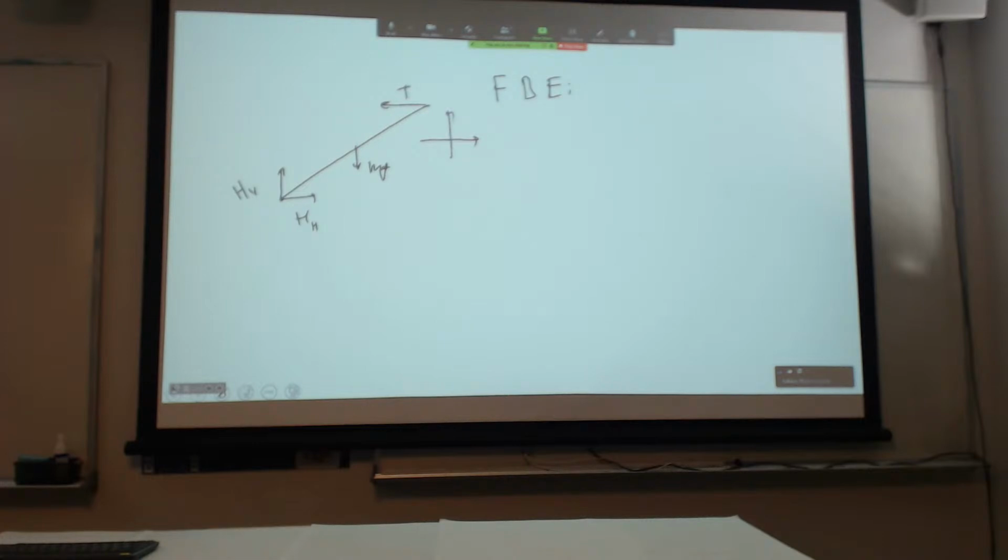Basically, you've got only gravity pointing down and only vertical component pointing up, so they must cancel each other. This is basically Newton's second law relative to y-axis. And horizontally, you've got only tension and only horizontal component. This is Newton's second law relative to x-axis. Done. These are your answers.